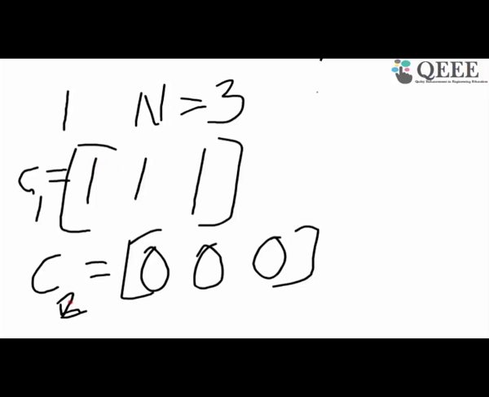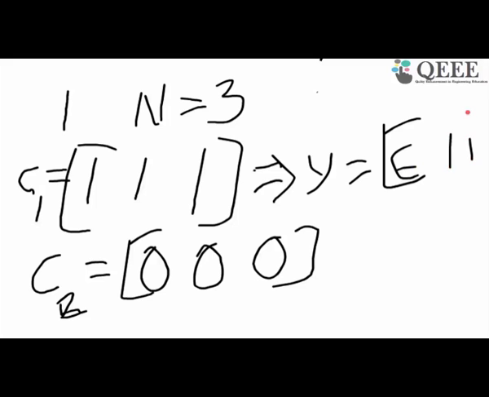Suppose this bit is erased. So what you received, Y, is going to be, suppose, an erasure followed by the remaining bits. So what would you decide? Obviously it would be 1.